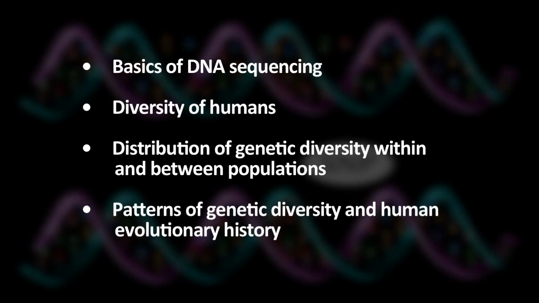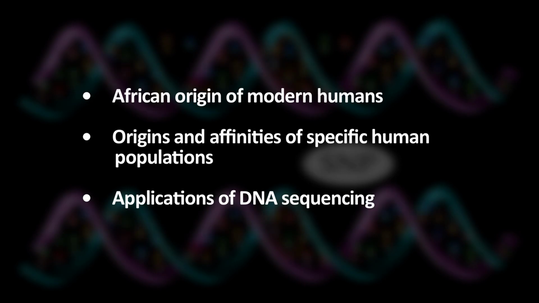The main objectives of today's lecture are to know the basics of DNA sequencing, to discuss the diversity of humans, to discuss the distribution of genetic diversity within and between populations, to discuss the patterns of genetic diversity and human evolutionary history, to discuss the African origin of modern humans, to discuss the origins and affinities of specific human populations, and finally to know the applications of DNA sequencing.